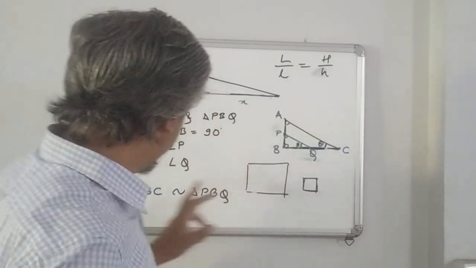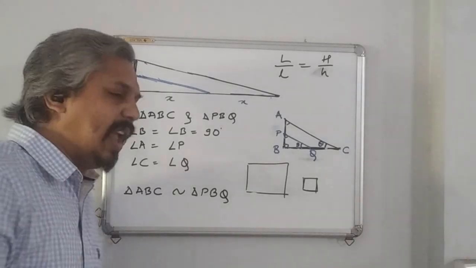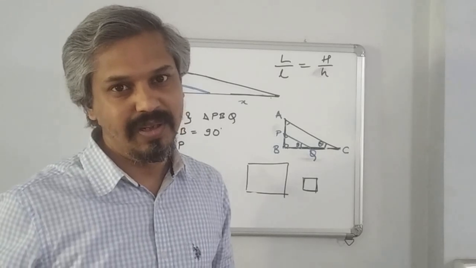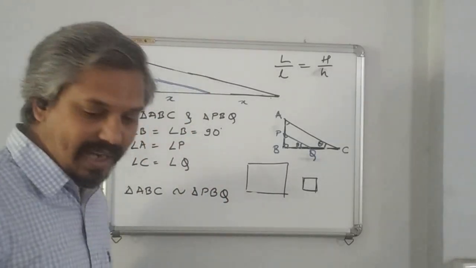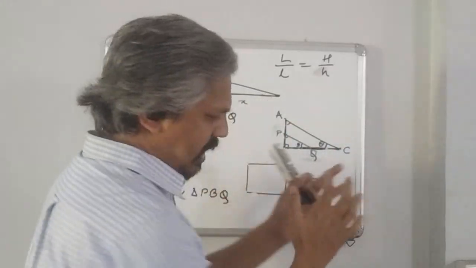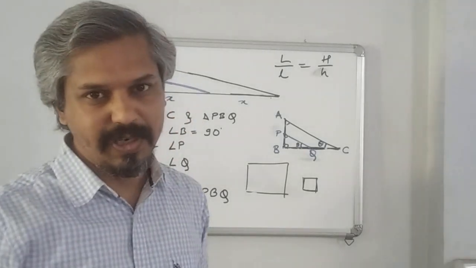These two triangles, ABC and PBQ, are two different triangles similar in shape, but not in size. Because they are similar in shape, we can stretch and magnify one in such a way that everything will match.